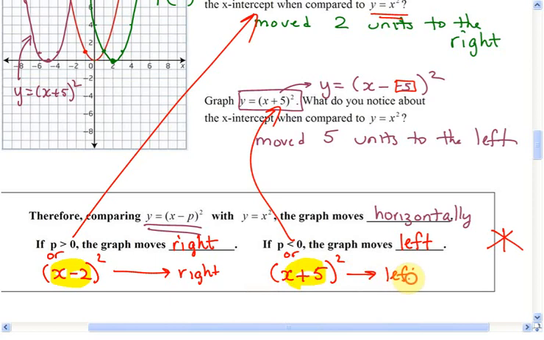It's up to you what you prefer, but choose one way to understand this and use that from now on. Either your question is find the p-value and do this, or look at the entire thing inside the bracket, and if you see a minus, that means it's going to the right. If you see a plus, that goes to the left. It's your choice.